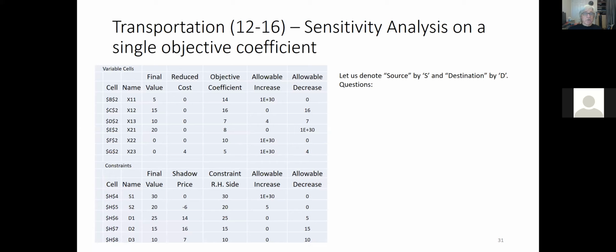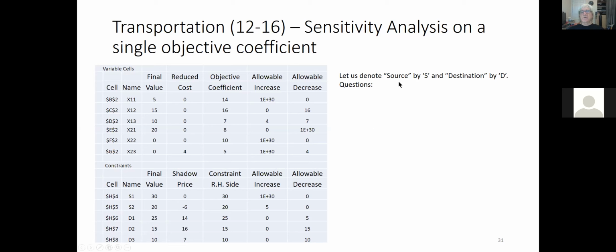By definition, sensitivity analysis is done for only a single coefficient, either one coefficient of the objective function or one right-hand side of a constraint. But now that I'm going to add a second and third coefficient, it becomes a different issue. That's why I added the word single. I just want to remind you what we have been doing and go from here.